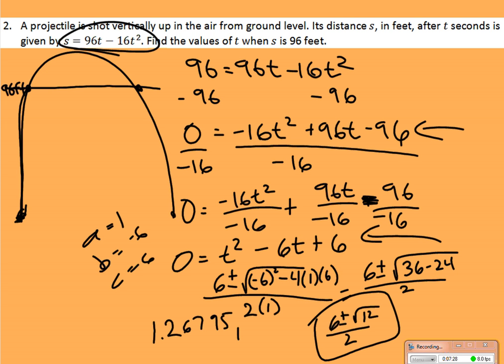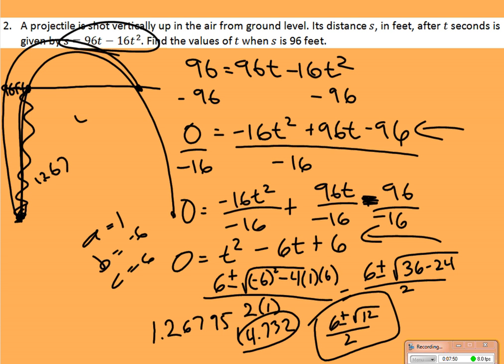Then when I do 6 plus the square root of 12, divided by 2, my other answer is going to be 4.732 seconds. So this part right here is 1.27 seconds, and this part right here is 4.732 seconds.